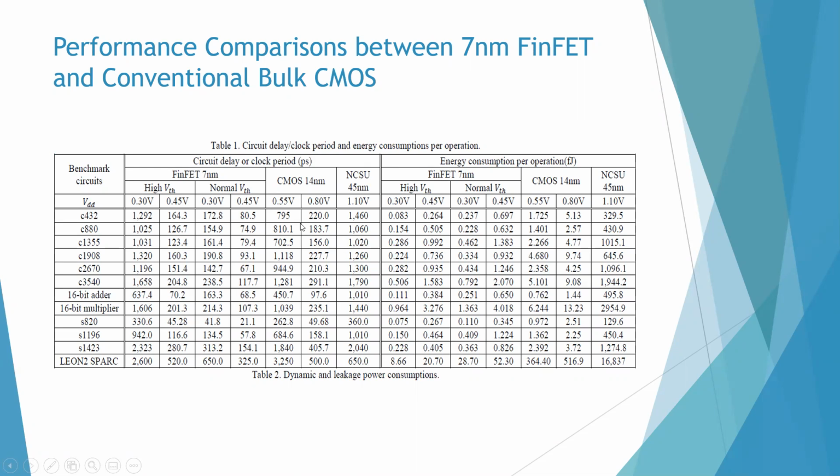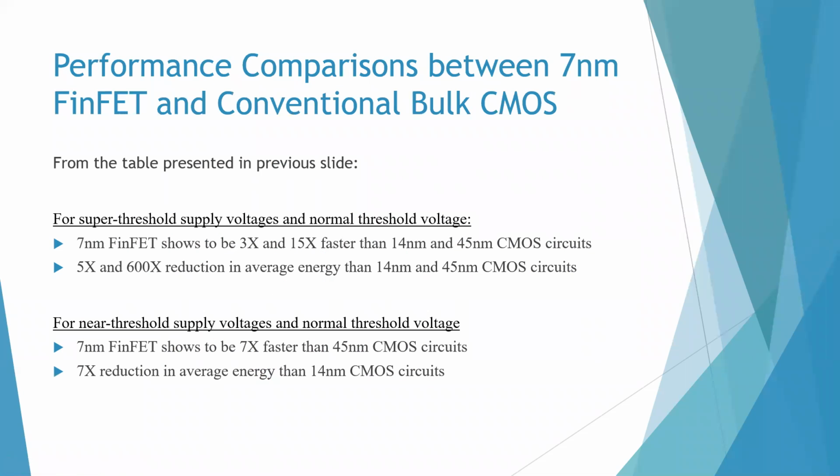So basically, here is presented a table of the performance comparison between 7-nanometer FinFET and conventional bulk CMOS based on the performance of standard cell libraries. And from here, we achieve the following conclusions.